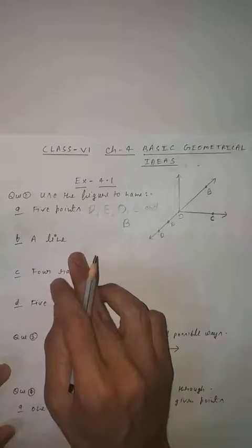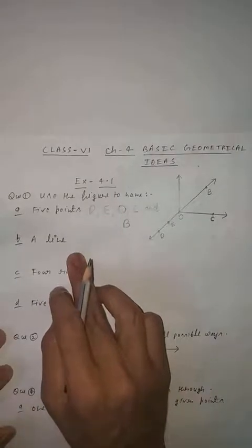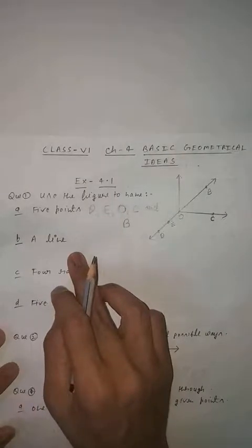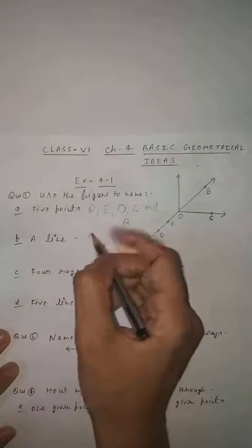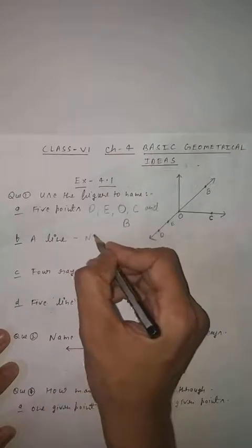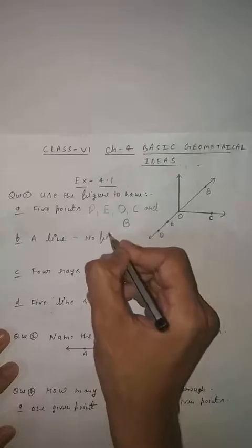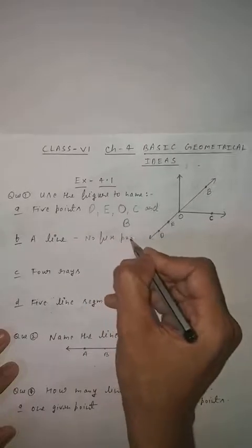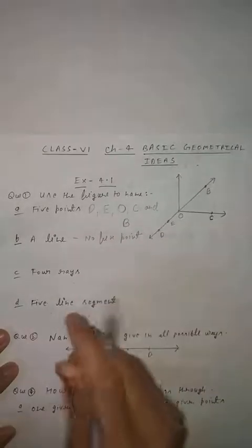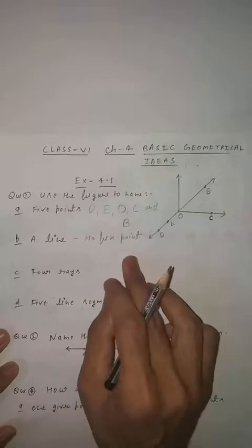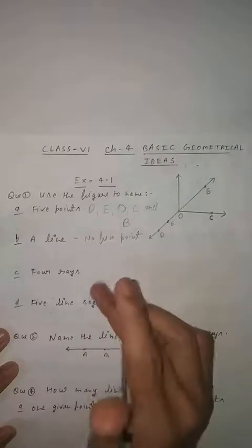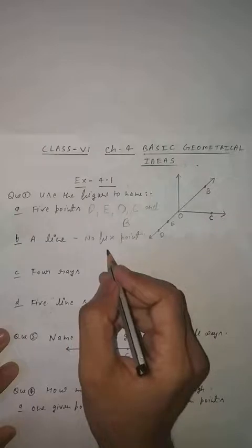Now line. Yesterday, in the previous video, I explained what a line is. Line means no fixed point. You can extend the line in any direction. So here you have to write down only one.